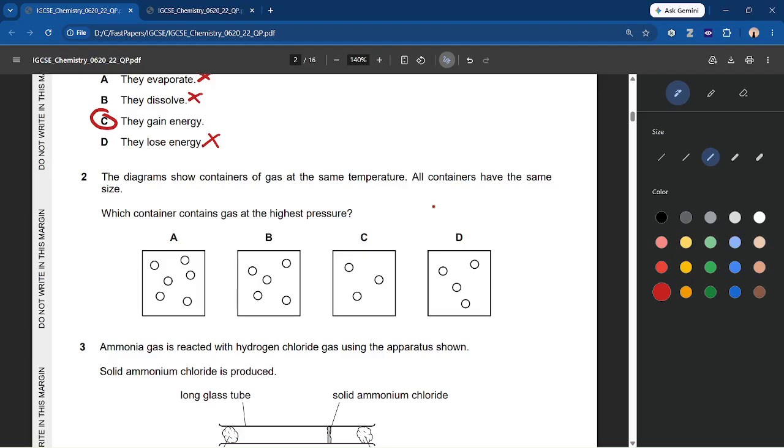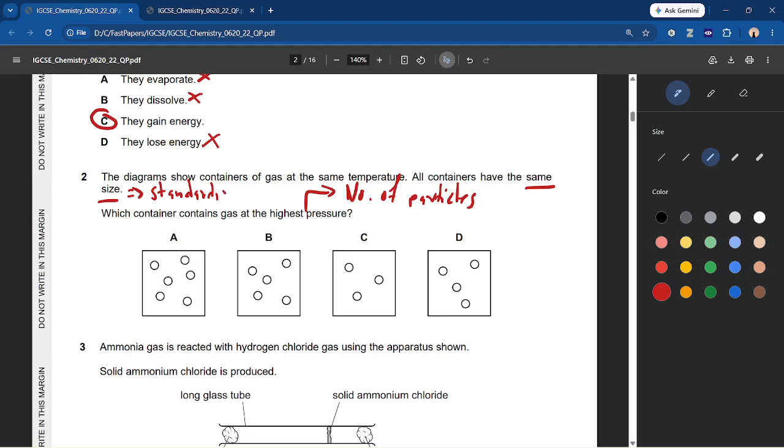The diagram shows containers of gas at the same temperature. All containers have the same size. Which container contains gas at the highest pressure? For highest pressure, you need to look at the number of particles, because the size is the same. So this has been standardized.